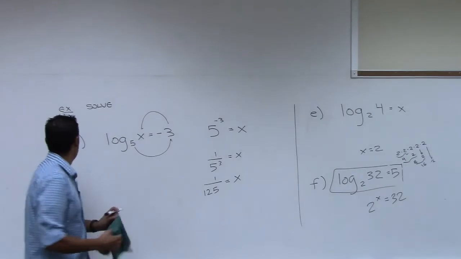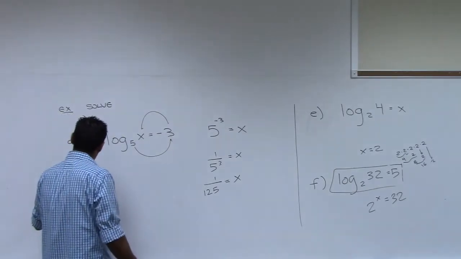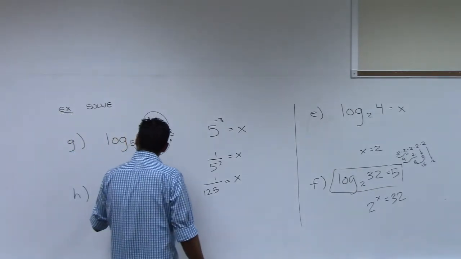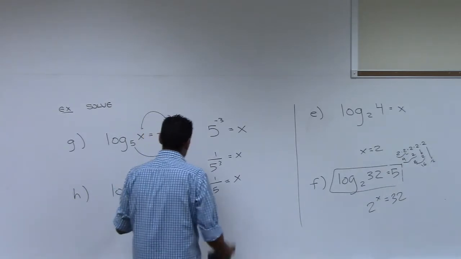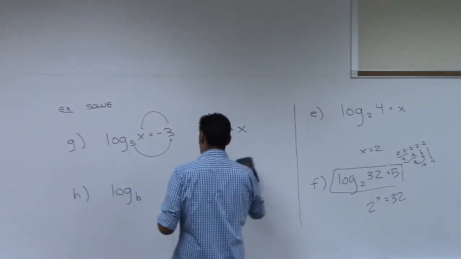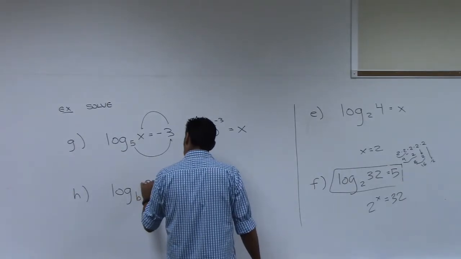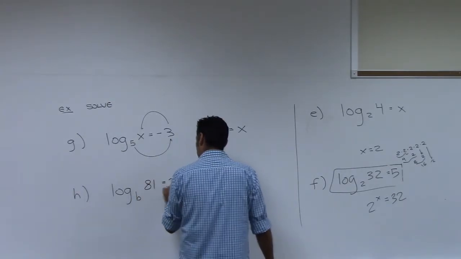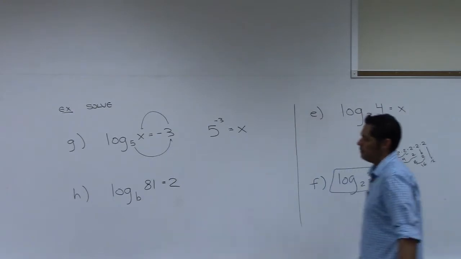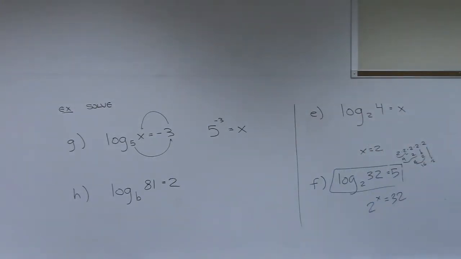We'll do one more. How about log base b of 81 equals 2? I want you to solve for the only variable that's there. What's the variable there? b, right? So solve for the base.